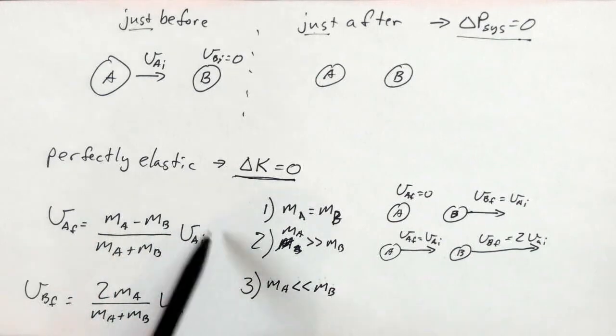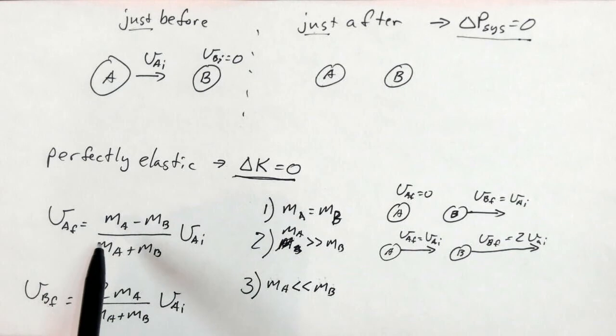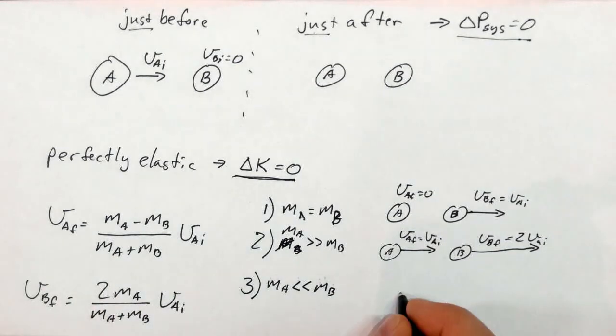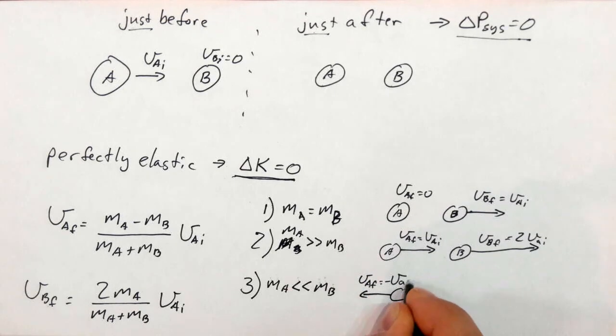And so indeed, our lighter object that was moving just bounces off and goes the other direction with the same speed. So we get VA final equals negative VA initial. Well, what about MB or VB? Okay, remember, MA is super small compared to MB. So MA plus MB is basically just MB.